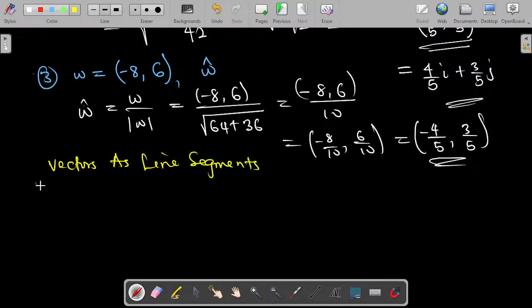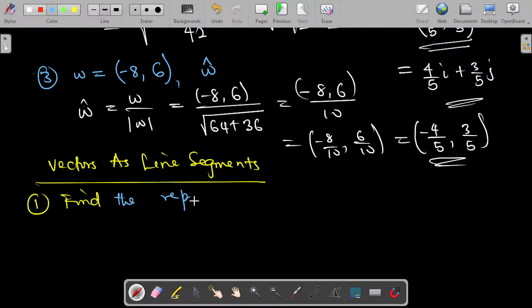Okay, all right, so look at this example here. Now here we are asked to find the vector represented by the line segment AB.